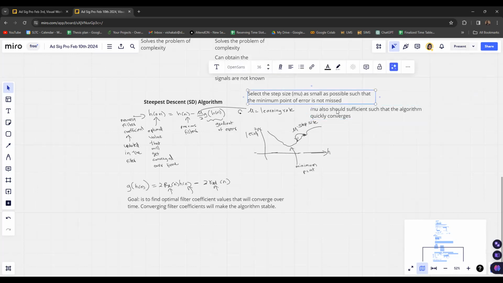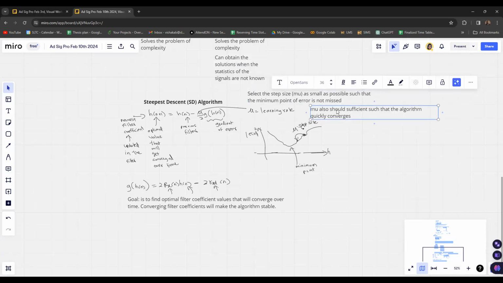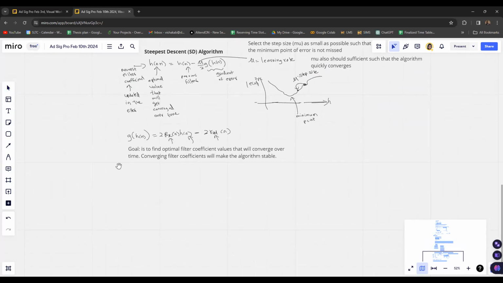It should be small, but also not be too small, such that the algorithm is quickly converged. So we have to get the criteria to find the optimal mu value that will satisfy this algorithm convergence. Optimal mu value or optimal step size.